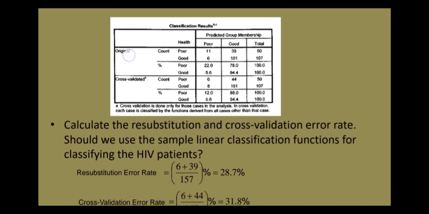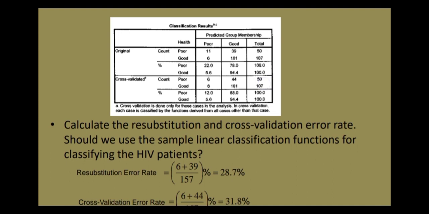So original ni adalah resubstitution, cross validation adalah cross validation results lah. Okay, kita boleh tengok kat sini, ini adalah dipanggil confusion matrix, and total kat sini adalah dia punya total of observation.